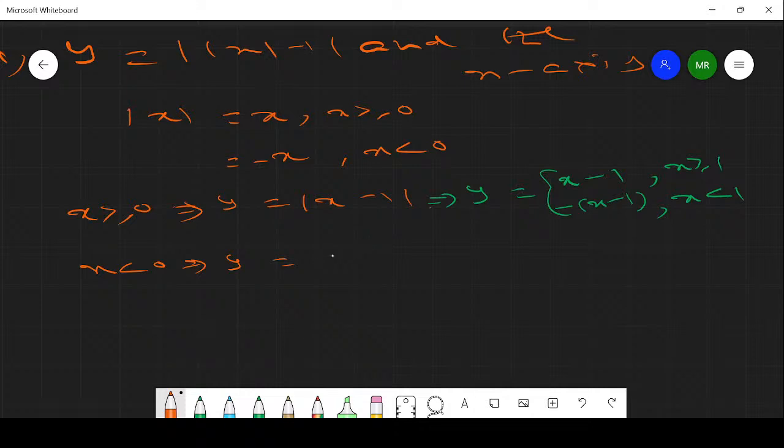So inside it comes mod of minus x minus 1, correct.